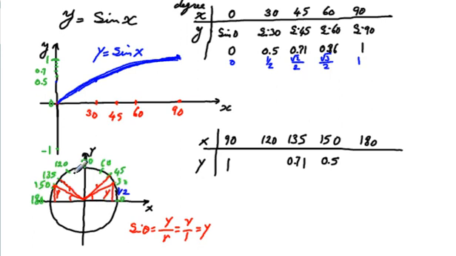At 120, our situation mirrors exactly what happened at 60. At 60, what was the deal? It was 0.87, and here is the same thing. How about 180 itself? 180 mirrors which angle? 0. At 180, we have the same answer as we had at 0.